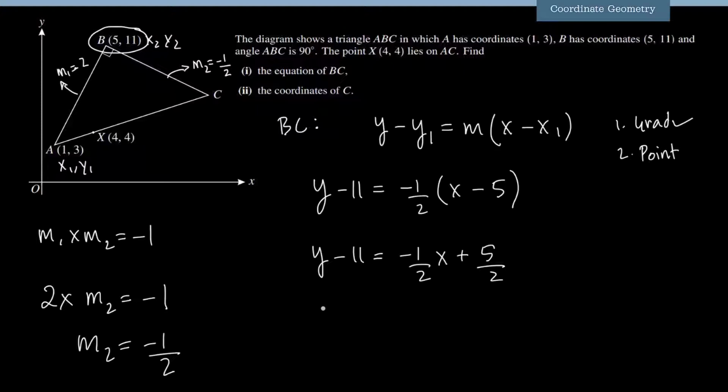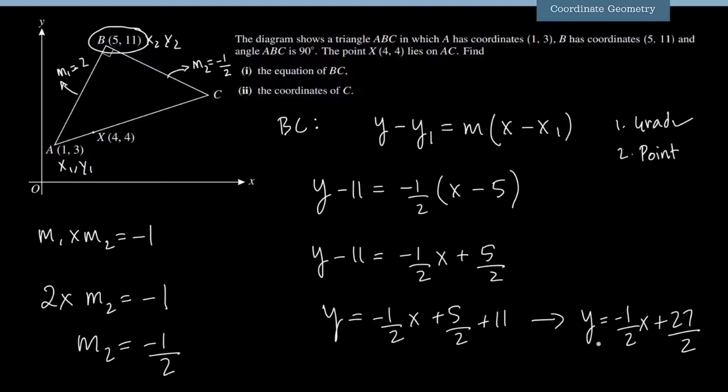Adding 11 on both sides gives y is equal to -1 upon 2 x plus 5 upon 2 plus 11, and 5 upon 2 plus 11 is 27 upon 2. So this is the equation of line BC: y is equal to -1 upon 2 x plus 27 upon 2.